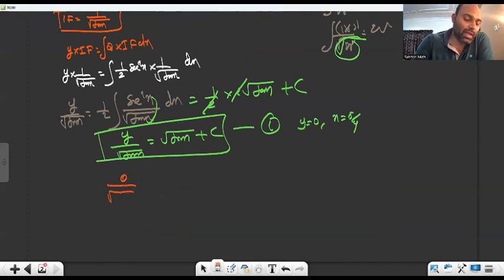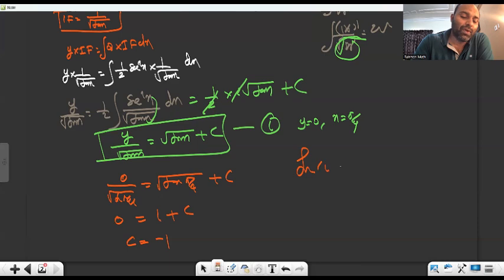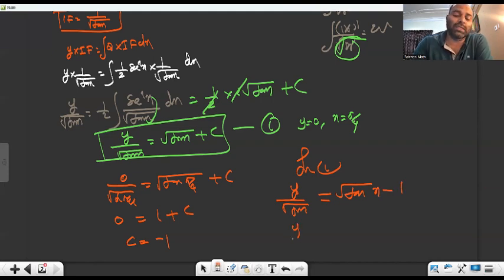y equals 0, so 0 by root tan pi by 4 equals root of tan pi by 4 plus c. 0 equals 1 plus c, so c equals minus 1. From equation 1, y by root tan x equals root tan x minus 1 is the particular solution. If you want, you can take LCM.